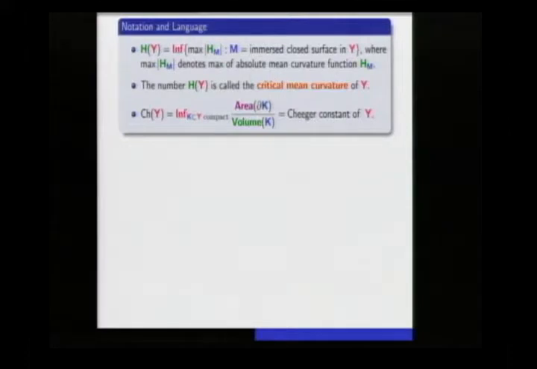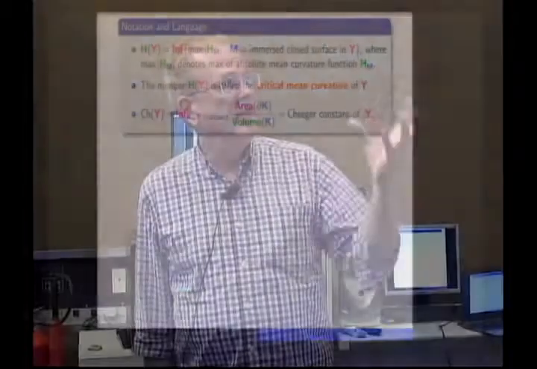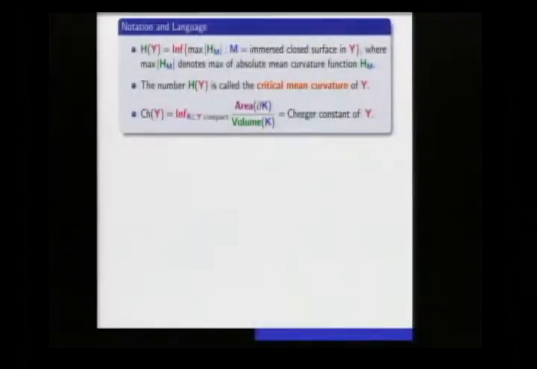There's another very important invariant, which we were just talking about: the ratio of the area of the boundary of a smooth domain divided by its volume. If you have an isoperimetric domain, then for a fixed volume, this is the smallest number for that volume. So if you can solve the isoperimetric problem, then for each volume you have a number, which is the area of its boundary divided by the volume of the domain.